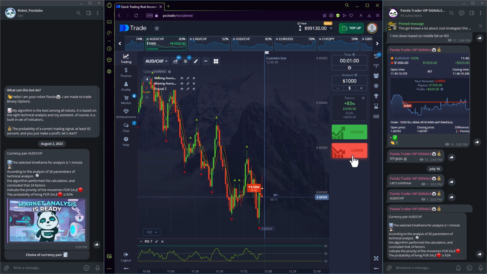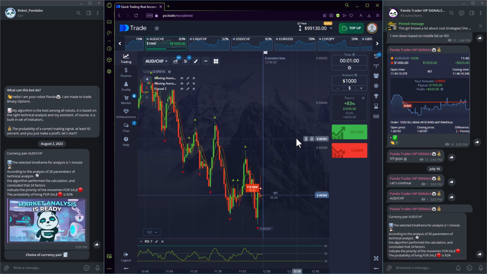Despite RSI being in a parallel trading block, we have the downtrend on the chart, and this is not the reversal point that we are looking for. So this channel will not be broken right now, and PandaBot gives us the forecast perfectly, just perfectly.